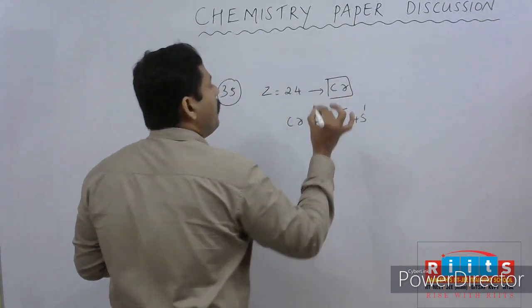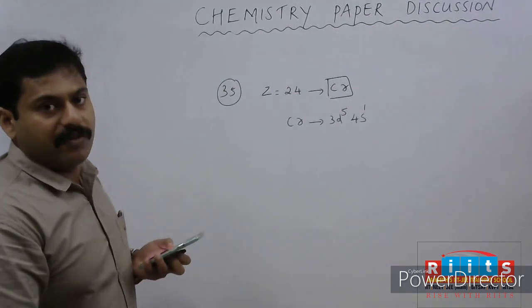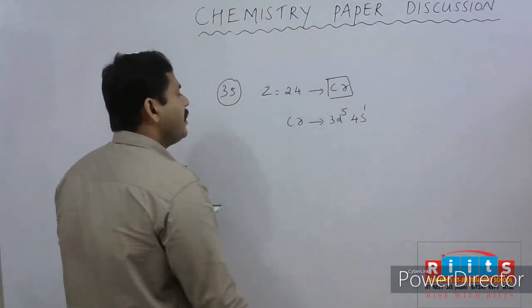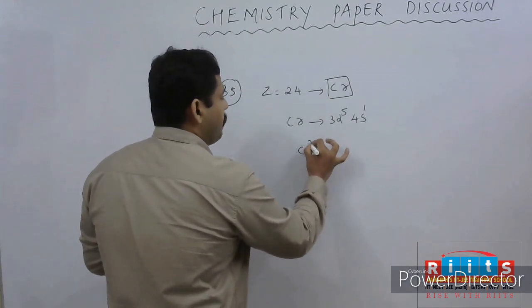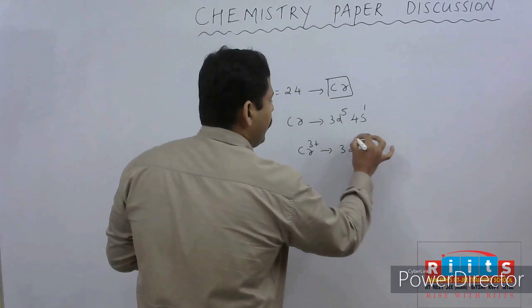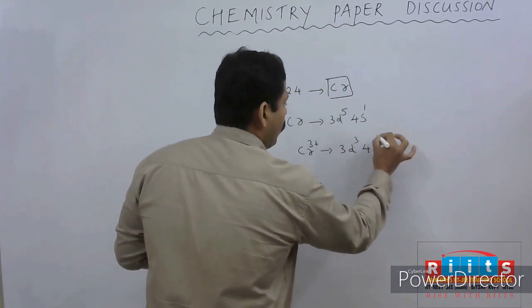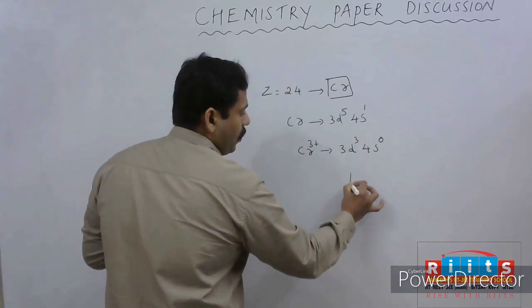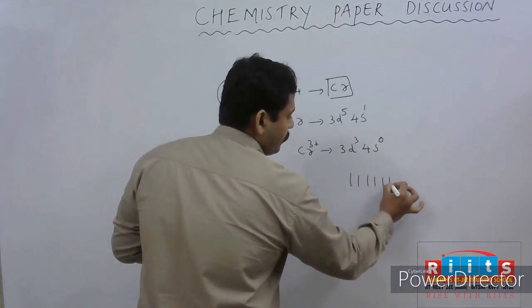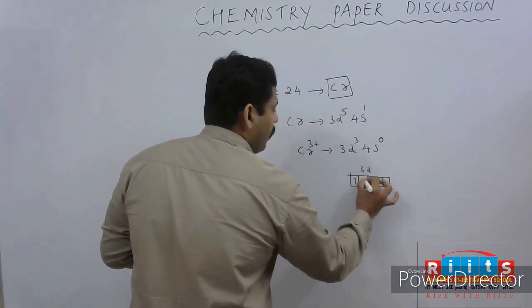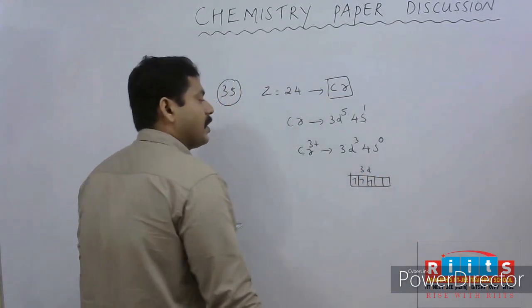Due to half-filled stabilization, its configuration is 3d5 4s1. If I take chromium 3 plus, the electronic configuration is 3d3 4s0, so the unpaired electrons will be 3. You can draw the d orbitals like this: 3d with 1 1 1, so 3 unpaired electrons are there.